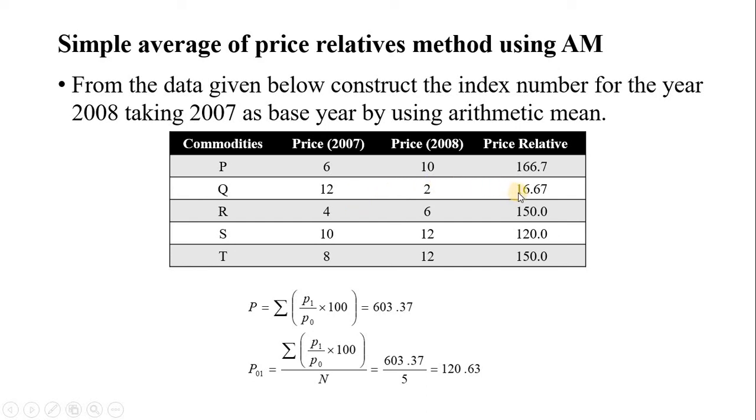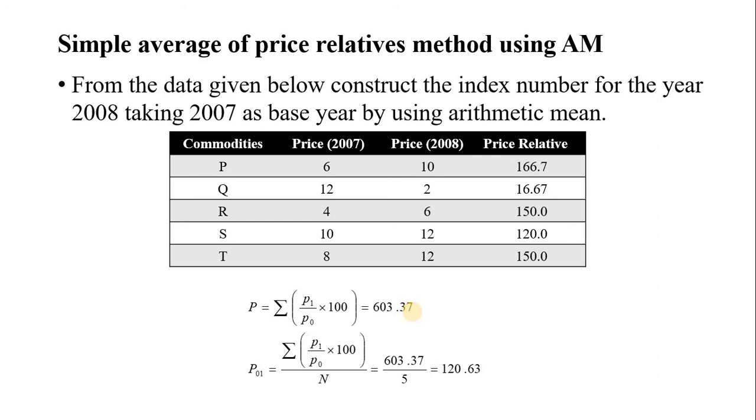Similarly we can find the others: 116.67, 150.0, 120, 150. If you take the total of these, it comes to around 603.37. So sigma of P1 divided by P0 into 100 is 603.37.